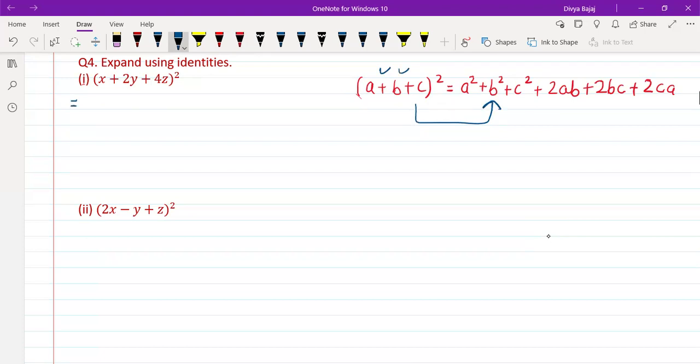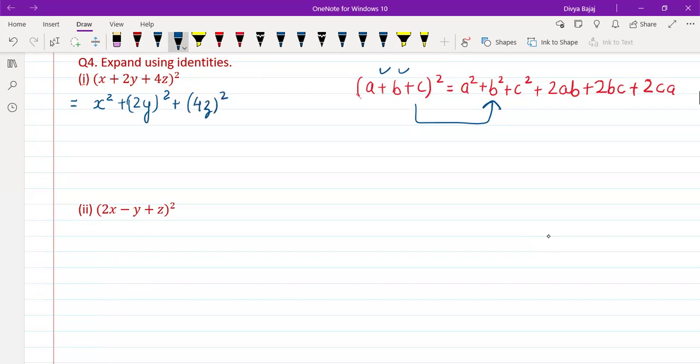The first is a square, which is x square, plus b square, which means we have to do the square of the b term, which is 2y, plus c square, which means we have to do the square of the c term, which is 4z.